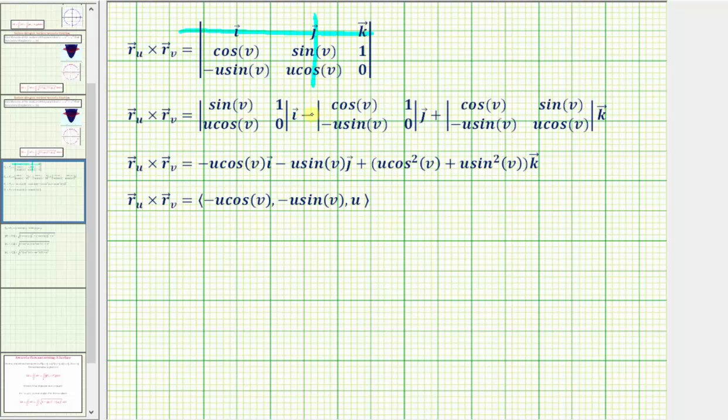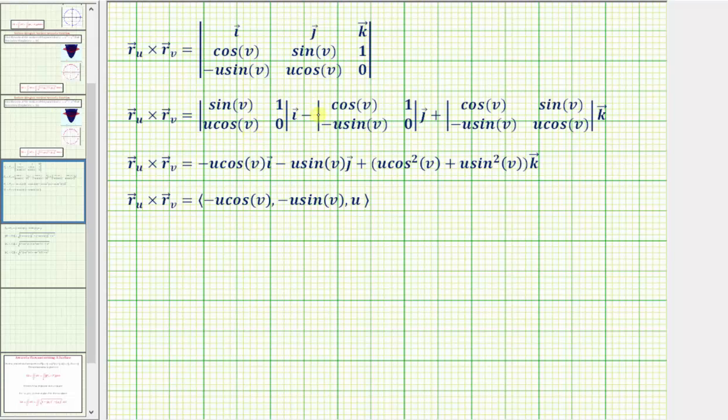Notice how we do have a minus here in front of the second 2 by 2 determinant. The remaining elements are these elements here. And then finally, for the last 2 by 2 determinant, we eliminate the row and column of the k vector, which is row 1 and column 3. These 4 elements make up this 2 by 2 determinant.